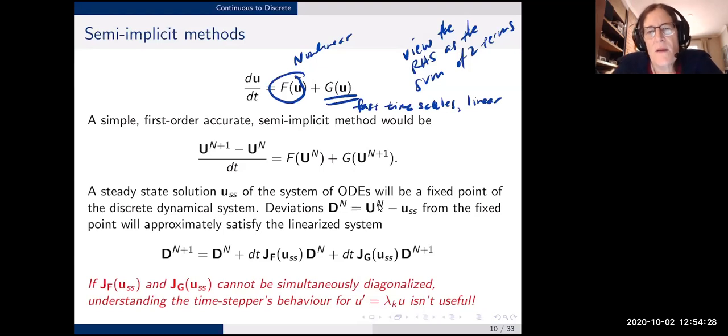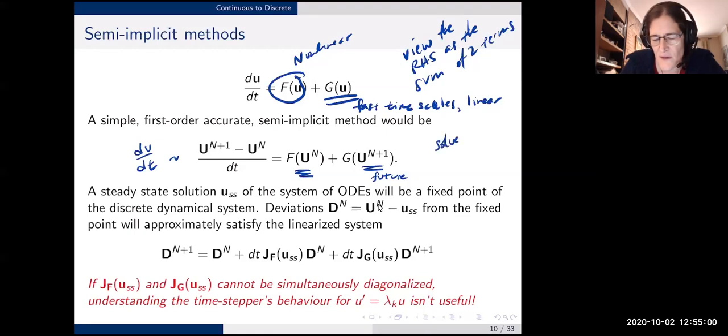If you can decouple your right-hand side in this way, then you can do a semi-implicit method. The left-hand side approximates du dt. On the right-hand side, you have something in the present and something in the future, and so you need to solve for u^(n+1). This is easy to do if G is linear.